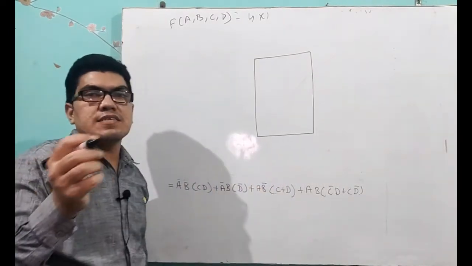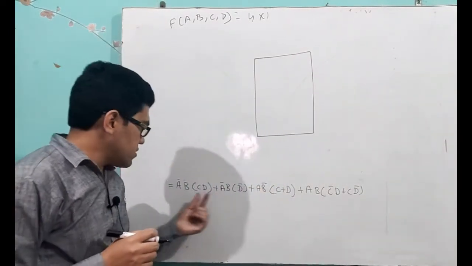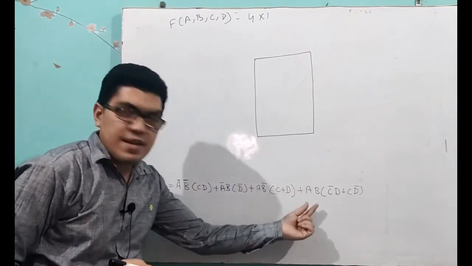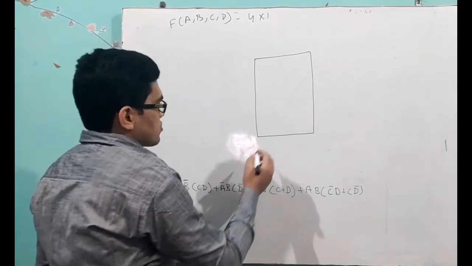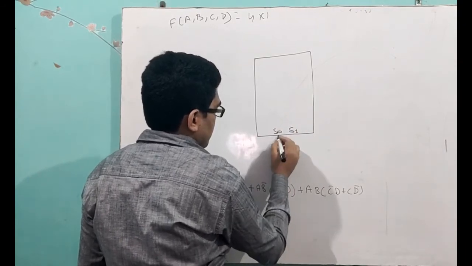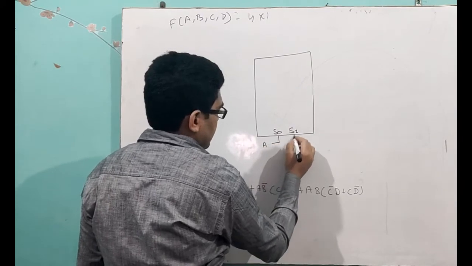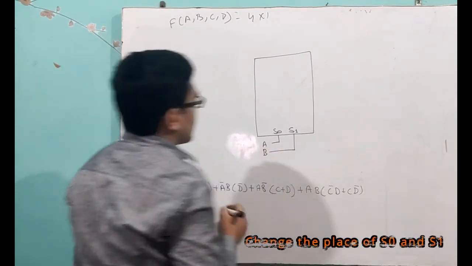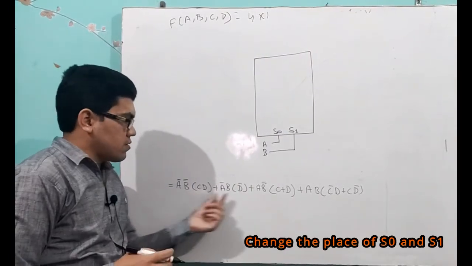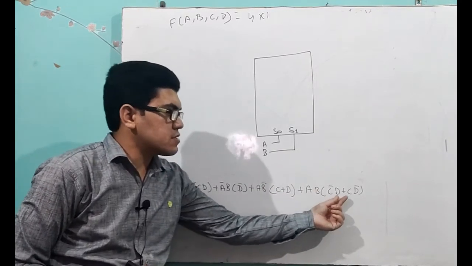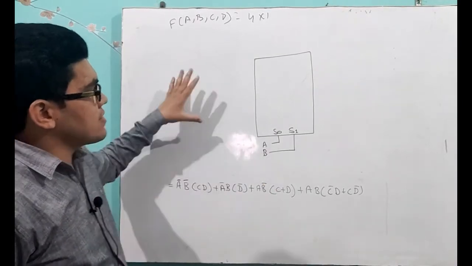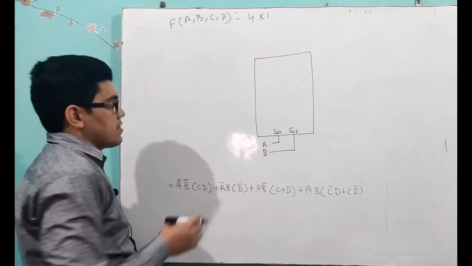When we make the scale down multiplexer, the two variables that we take out will work as selection lines. So this A and B will work as selection lines. And now for these, CD, D, C plus D, CD plus CD bar, C bar D plus CD bar, we have to take these as inputs.